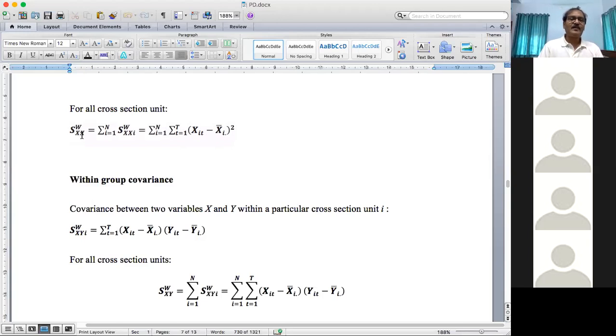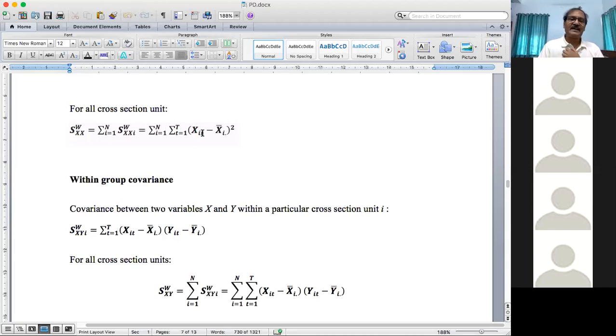So sum of squares of x, and W denotes we are taking the deviation from the within group mean. x_it is your variable in a panel data framework. In a panel data, we have suffix it. i denotes cross-section unit, t denotes the time series. So x_it denotes a particular cell in the data matrix we have.